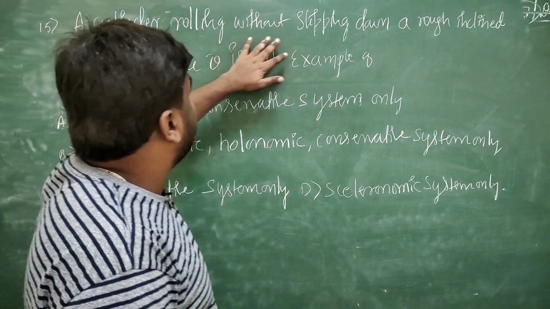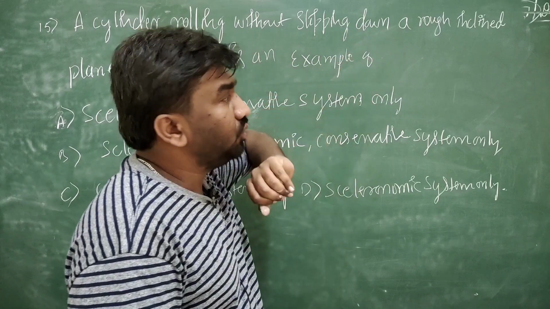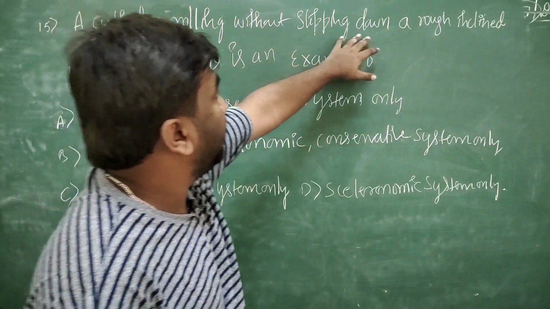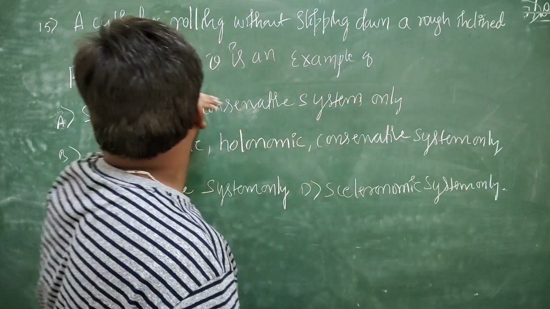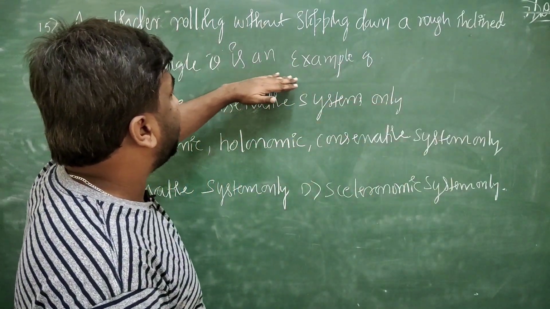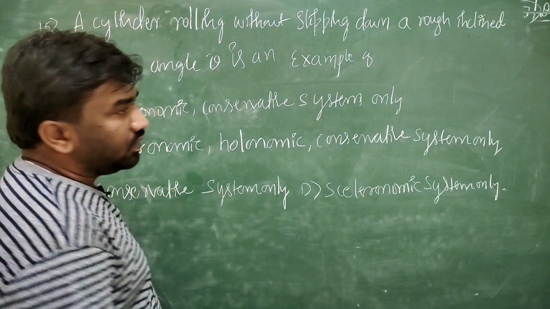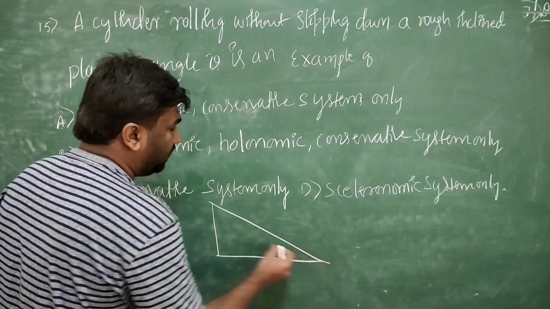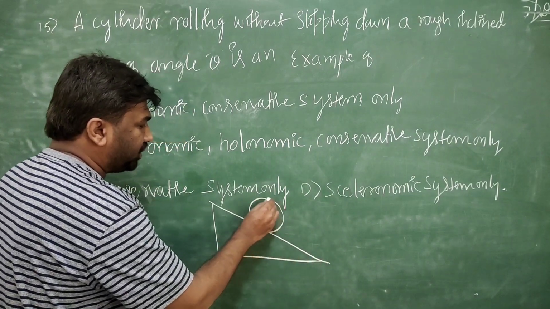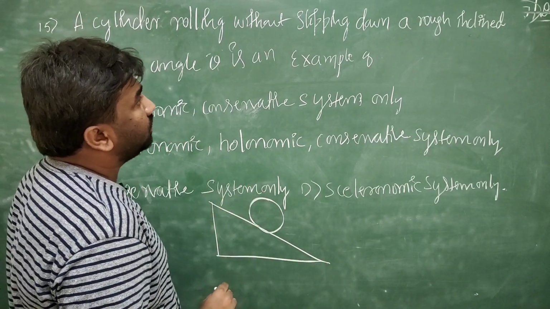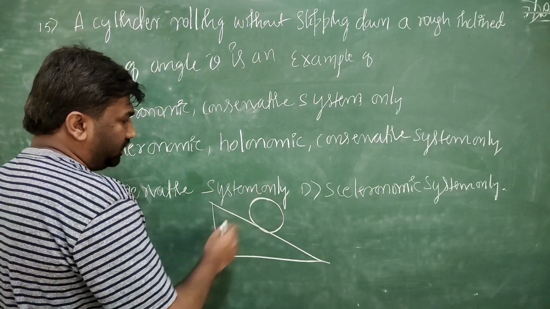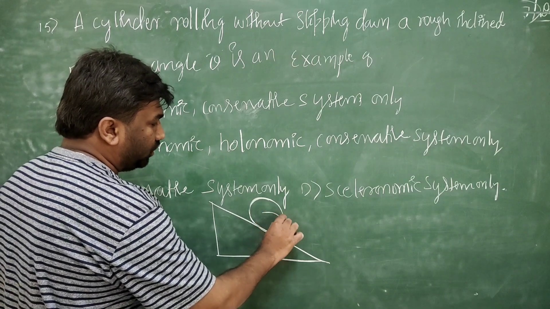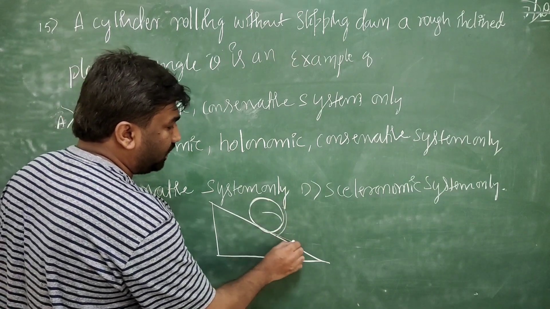A cylinder rolling without slipping down a rough inclined plane of angle theta is an example of what? Let us consider an inclined plane, and on this inclined plane a rigid cylinder which is rolling without slipping.